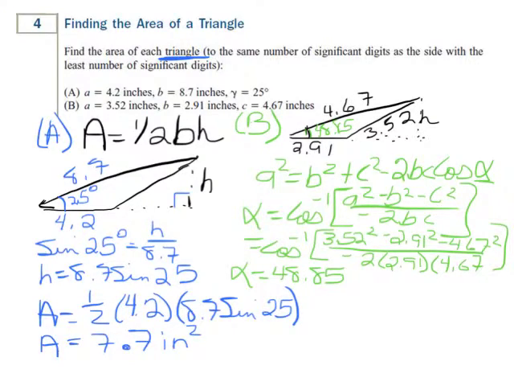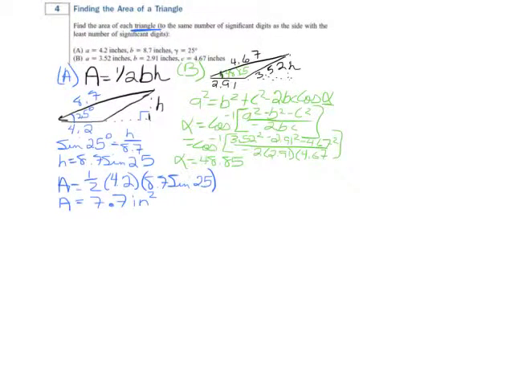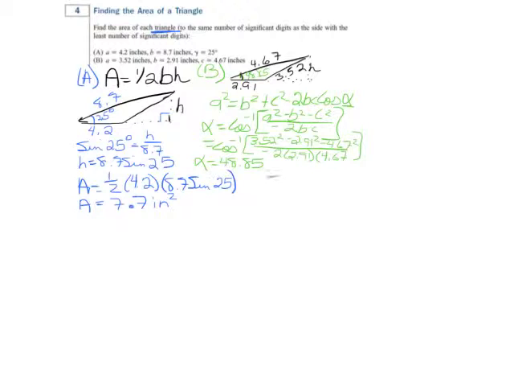Now we're going to do the exact same thing. Let's make ourselves a little bit more room. Okay, so I have alpha. So what I want is the sine of 48.85, which is going to be the opposite over the hypotenuse.